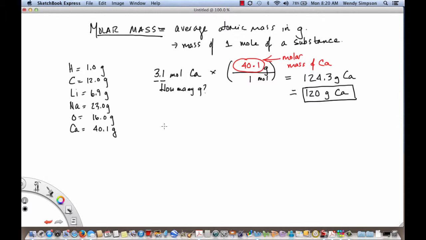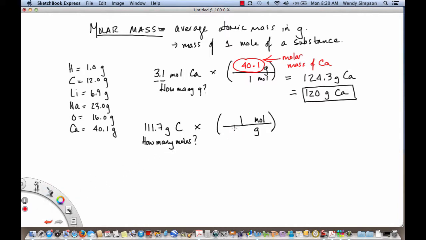If we're in the laboratory and we measure out 111.7 grams of carbon, how many moles of carbon would that be? So we use a conversion factor. This time, moles is going to go in the numerator because we're converting to moles, and grams will go in the denominator. So we'll have 1 mole here.